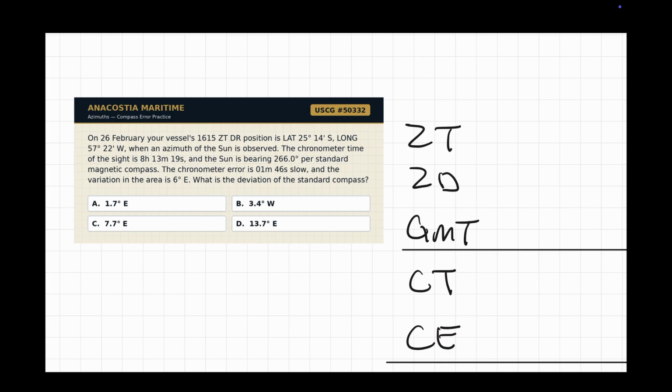We have the bearing, and that's per standard magnetic compass. So that's PSC. We have the chronometer time, and we have the chronometer error, and we have the variation. All right, so we're going to write down what's given to us, okay?